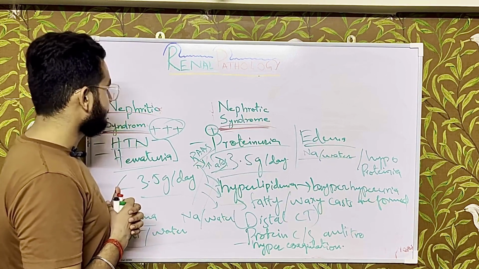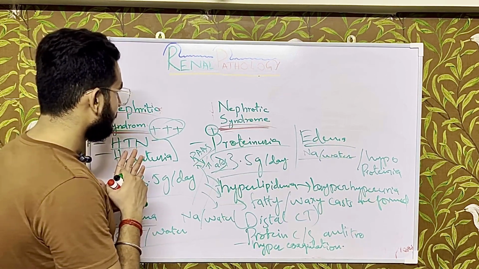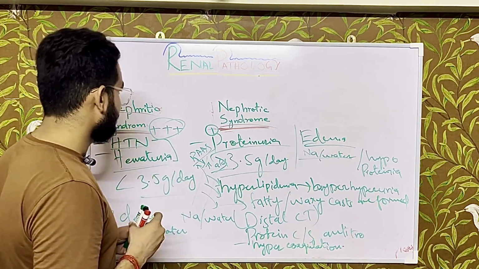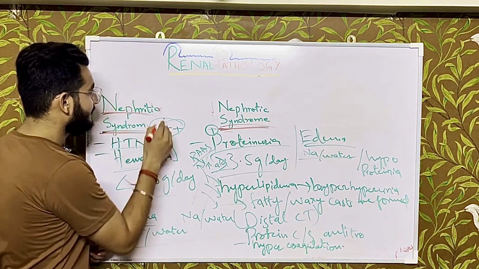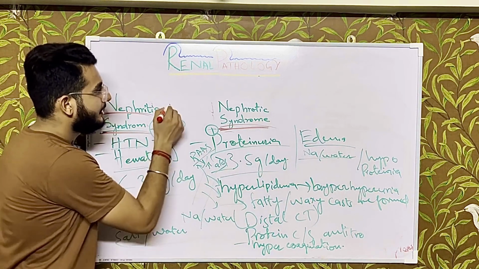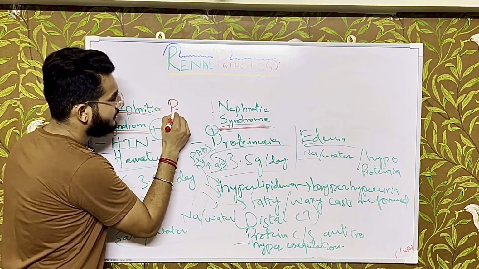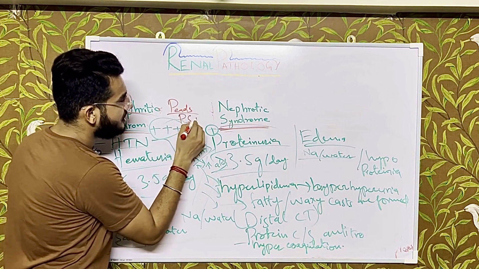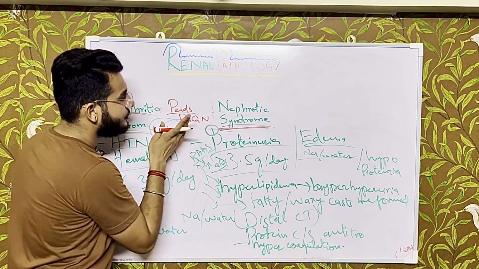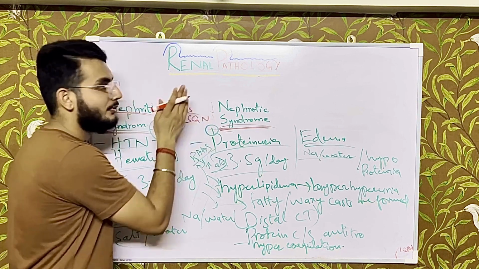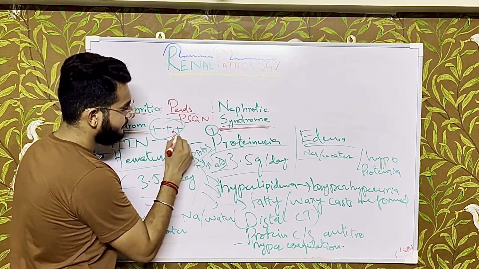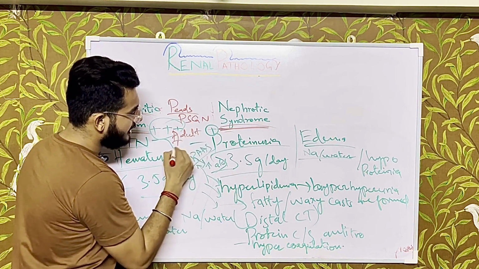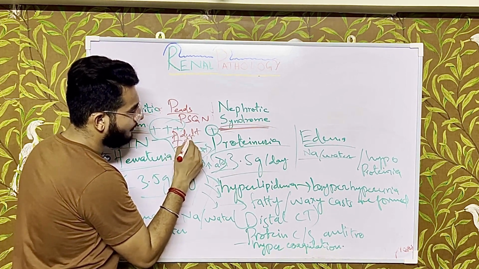Let's talk about the most common causes of nephritic syndrome. The most common cause of the nephritic syndrome in pediatrics is PSGN, post-streptococcal glomerulonephritis, and in adults it is IgA nephropathy.